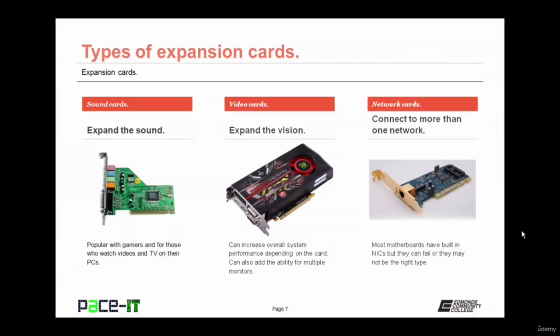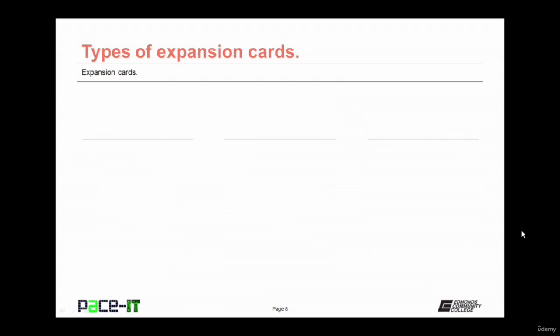Then there's network cards. Most motherboards have built-in network cards nowadays, but they can fail, or they might not connect to the right type of network in your situation. Or you might need to connect to another or different type of network, or make multiple network connections. That would be the reason to add an expansion card.